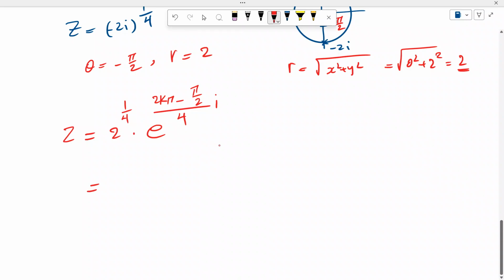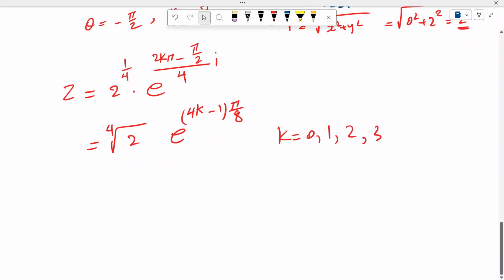Or if I want to continue, this is the fourth root of 2 times e to the (4k minus 1) pi over 8 times i. Now you need to know the sine and cosine of pi over 8 if you want to continue to algebraic form, or you can leave it like cosine pi over 8. And k starts from 0, 1, 2, and 3 because we have 4 roots for this z.